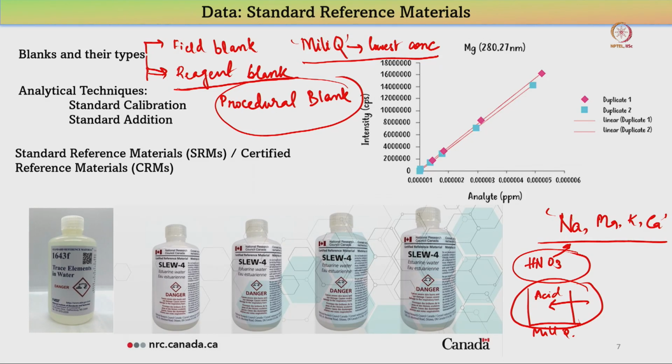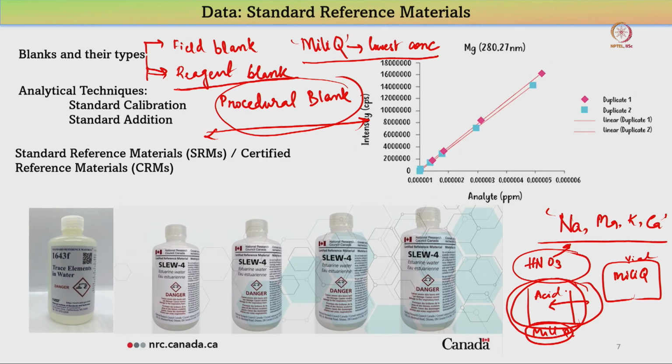So, what you do is you take one empty beaker and go on doing the same thing. Consider milli-Q water as the sample, and through the entire sample preparation, you go on doing the same thing to that sample. That becomes your procedural blank, that vial you are using becomes like your control.